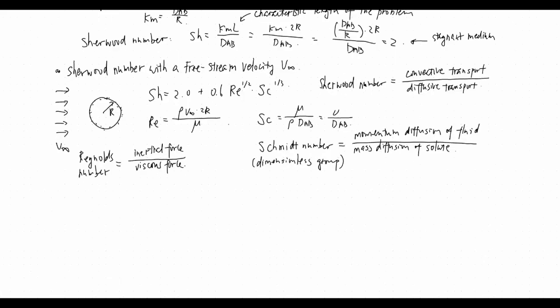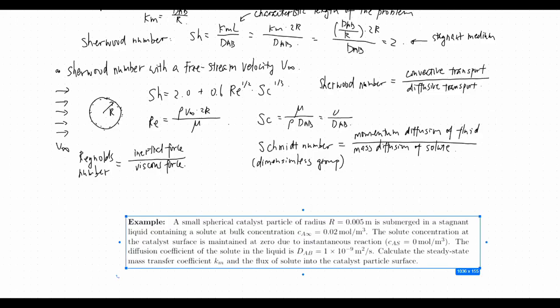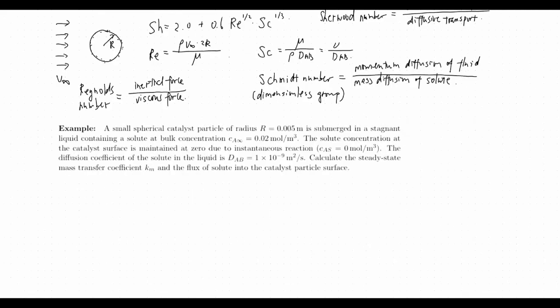Now let's look at an example. A small spherical catalyst particle of given radius is submerged in a stagnant liquid containing a solute at the bulk concentration.